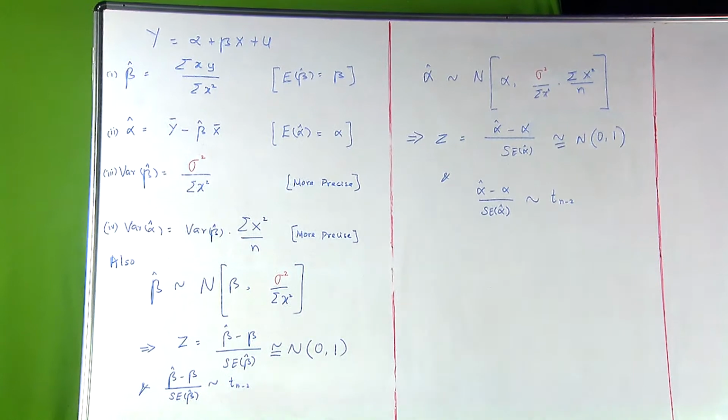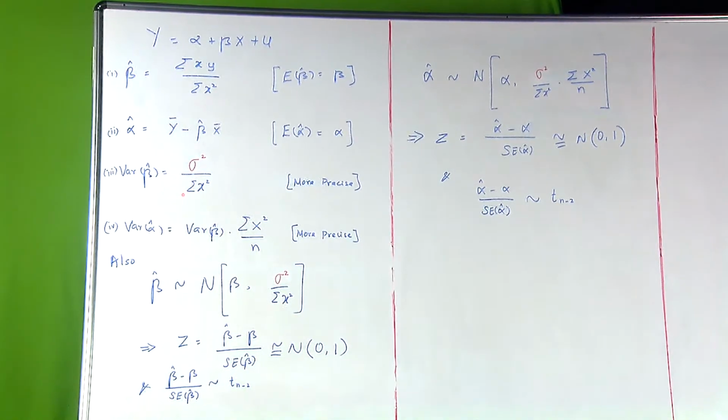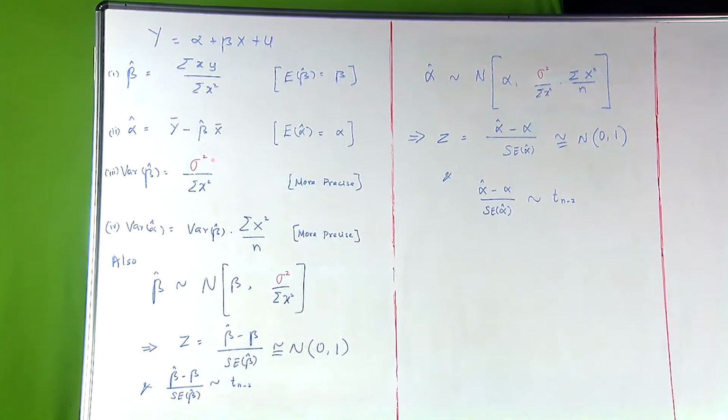In the practical application, variance of beta hat depends on the variance of the random error. Similarly, the variance of alpha hat also depends on the variance of the error term u.